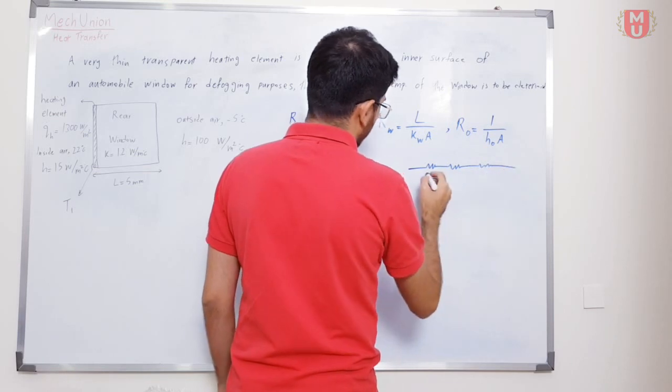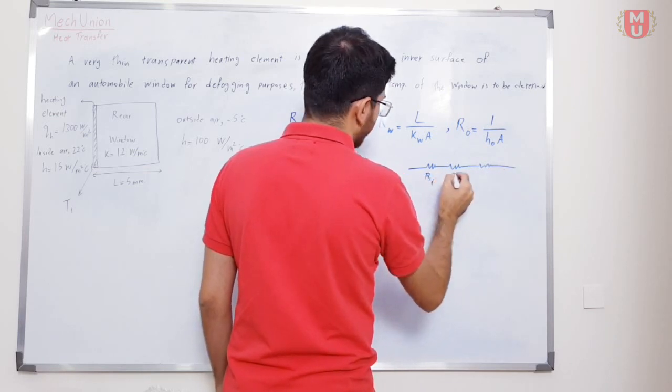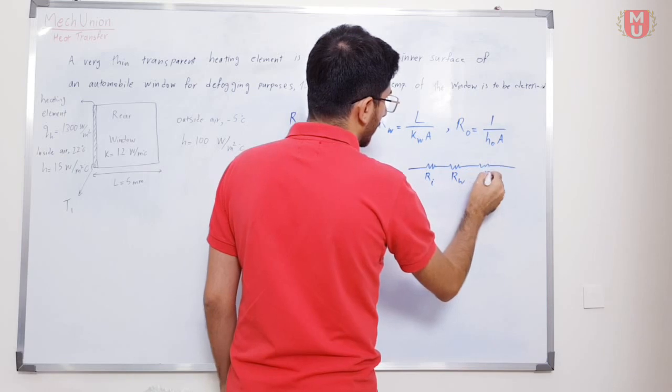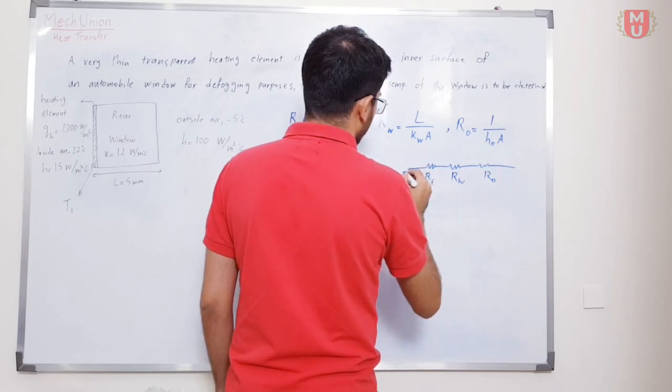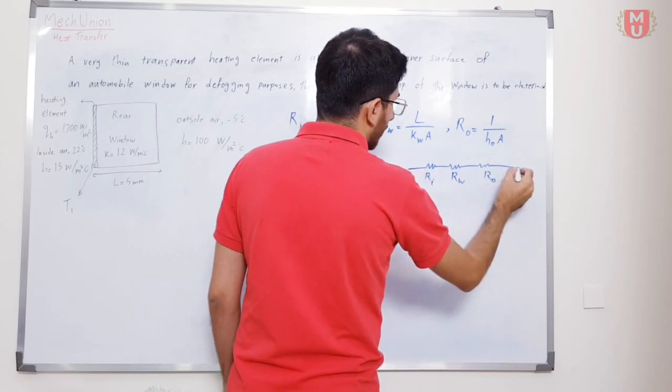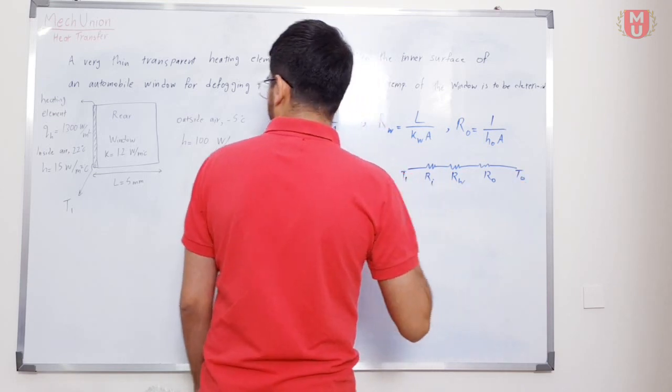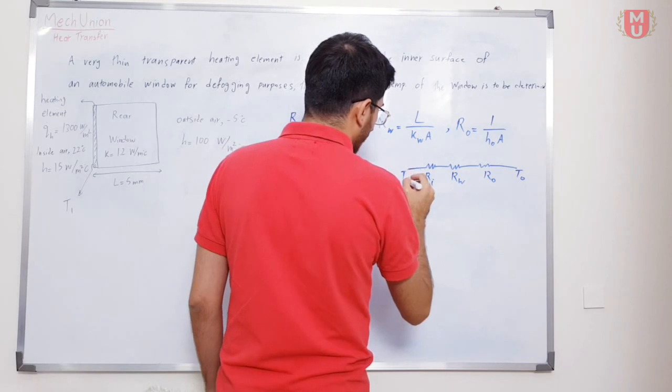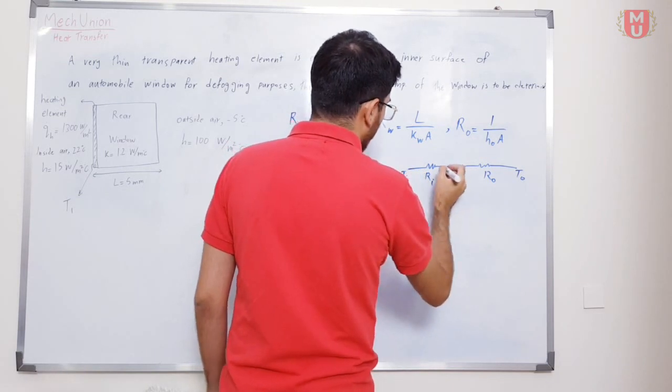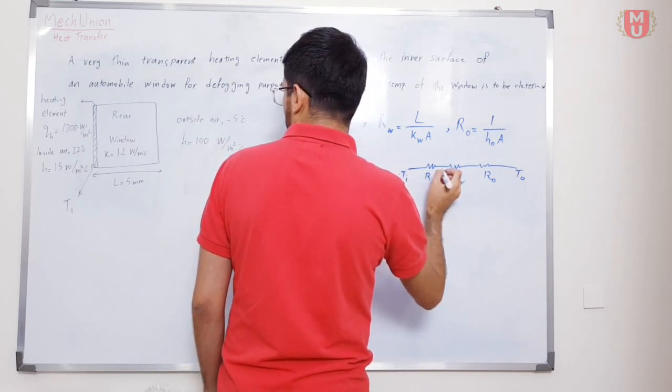This is R of inside, R of window, R of outside, T1, and T of outside. T of inside. T1 lies down here.